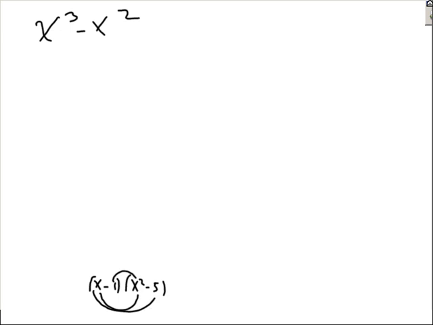But now, what if you have a cubic, but not all the zeros are rational. That is, suppose you have x cubed minus x squared minus 5x plus 5.